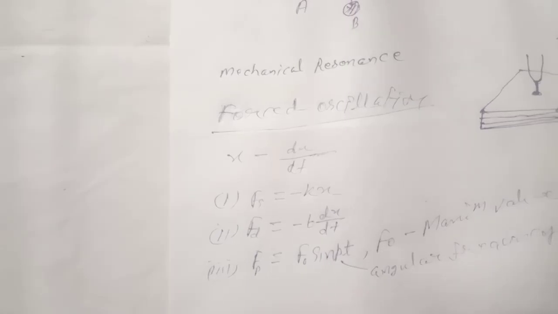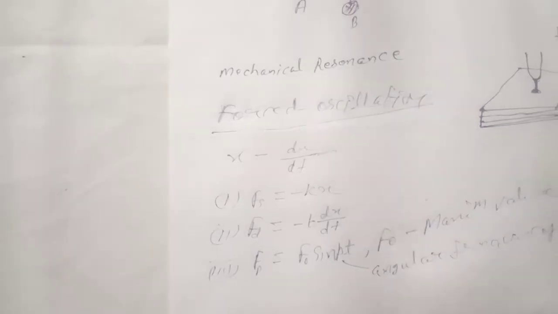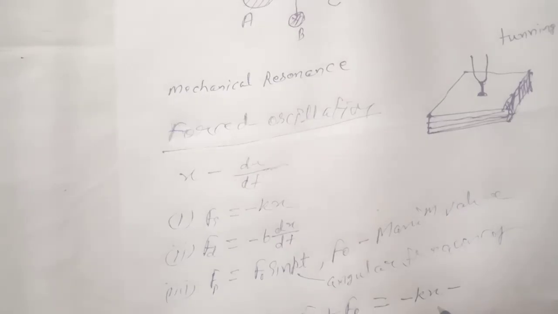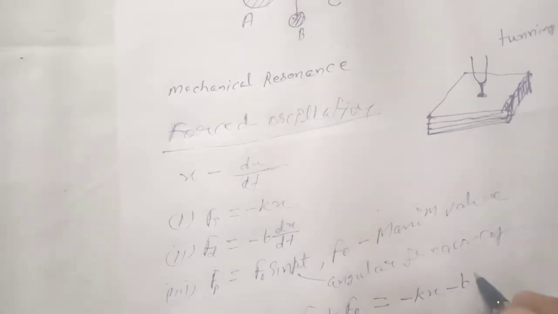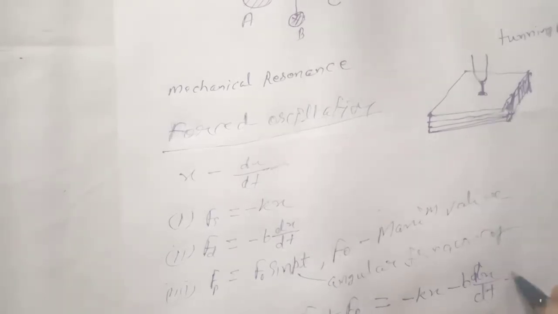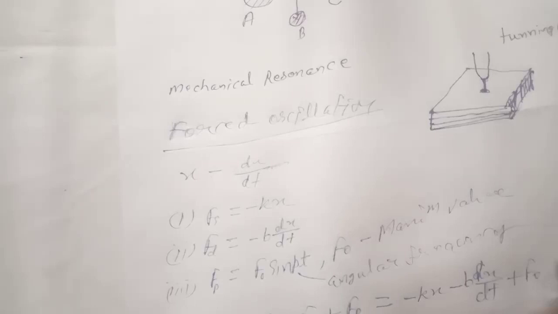So the total force F acting upon the system is given by F equals Fs plus Fd plus Fp, equals minus Kx minus B dx by dt plus F naught sin pt.